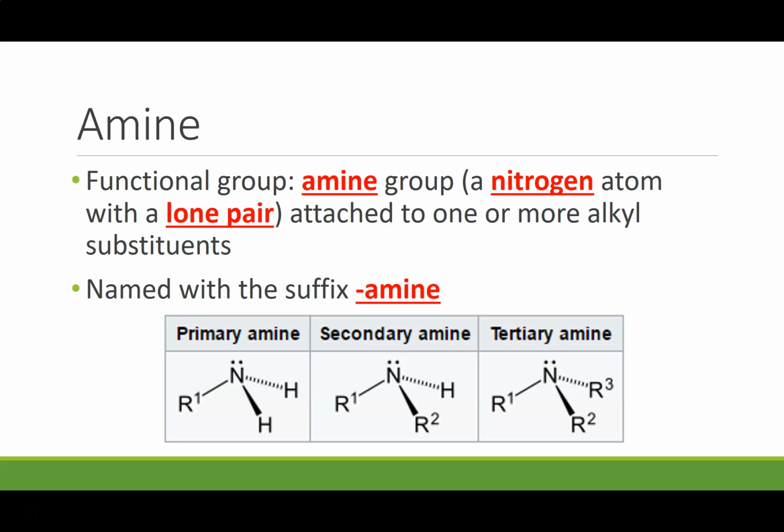And the nitrogen atom itself would have a lone pair. Just like the alcohols and the halogenoalkanes, amines can be primary, secondary, or tertiary, depending on how many alkyl substituents are attached to the nitrogen. And the name of an amine ends with the suffix amine.